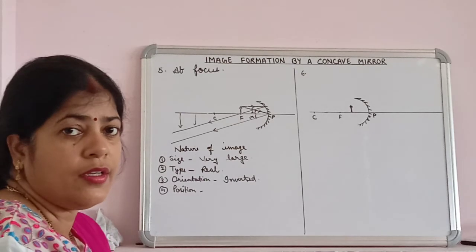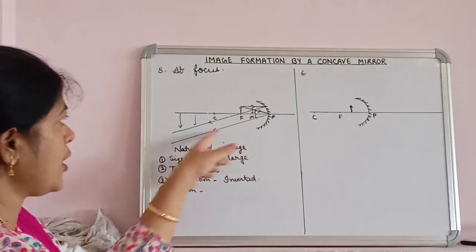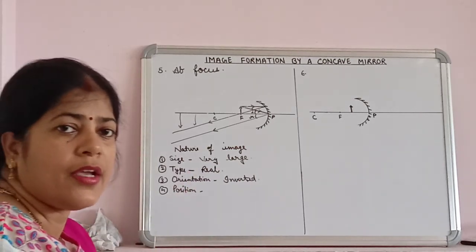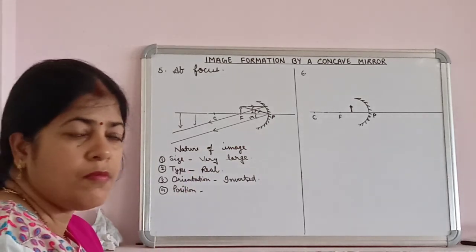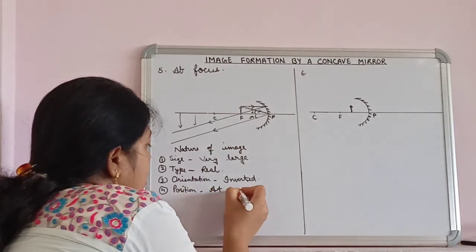And the position: as I told you in the beginning, these rays will go up to infinity and there only the image will be formed. So the position will be at infinity.